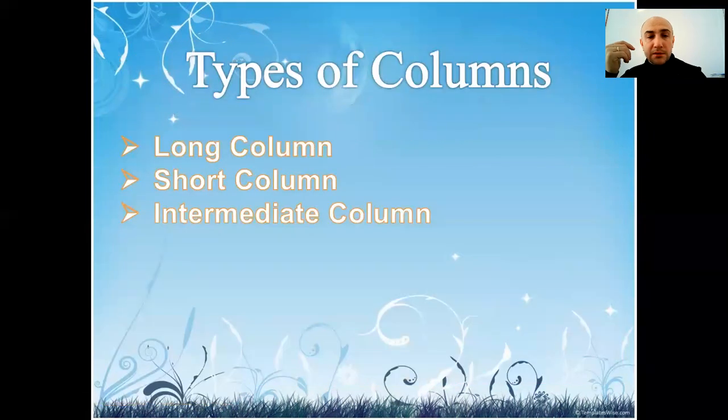So there are several types of columns which are used in different parts of the structure. A column, as I told you, is a vertical structure. If the lateral dimensions exceed 20, we call it a long structure. A long column fails by bending or buckling.